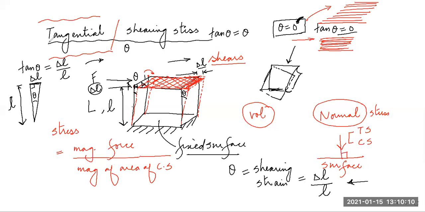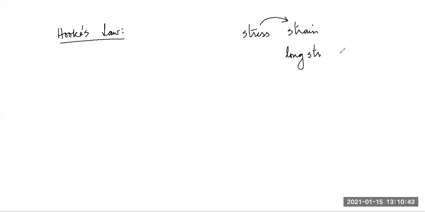All right, students. With this, let's do Hooke's law also. Now we have got an idea that stress and strain are related, brother and sister. So we have stress, there is corresponding strain. We have longitudinal stress or normal stress. They give rise to longitudinal strain.